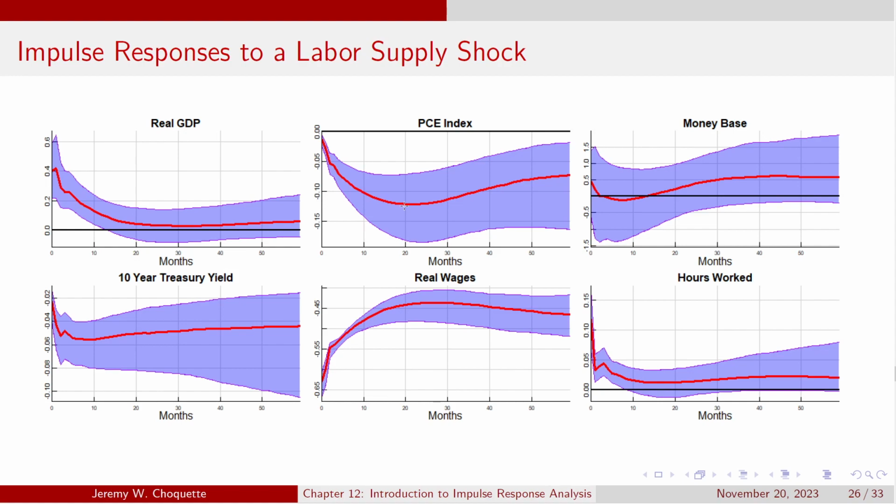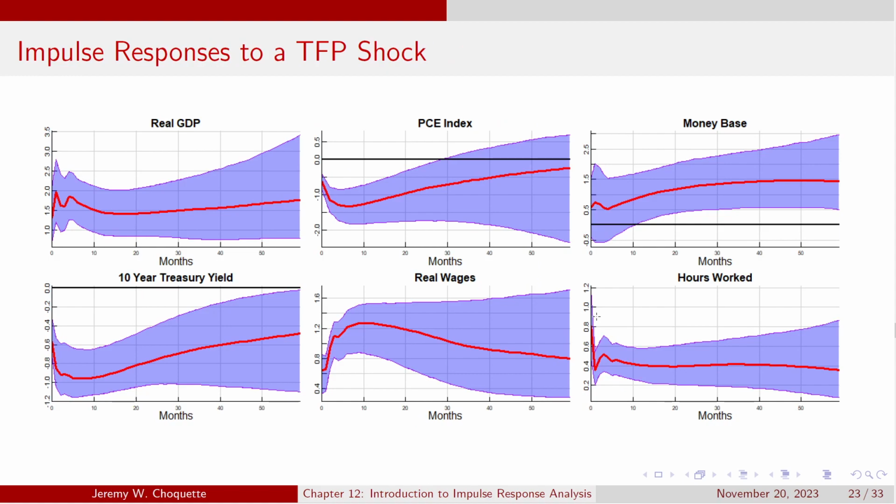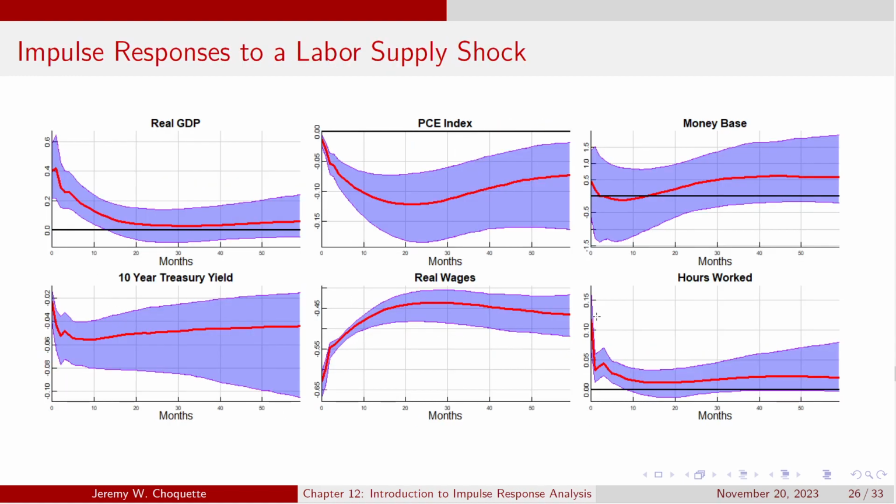Hours worked increased, again not by a whole lot. Yeah, hours worked increased, but not by as much as they did in response to a total factor productivity shock. The same can be said for prices and real GDP.